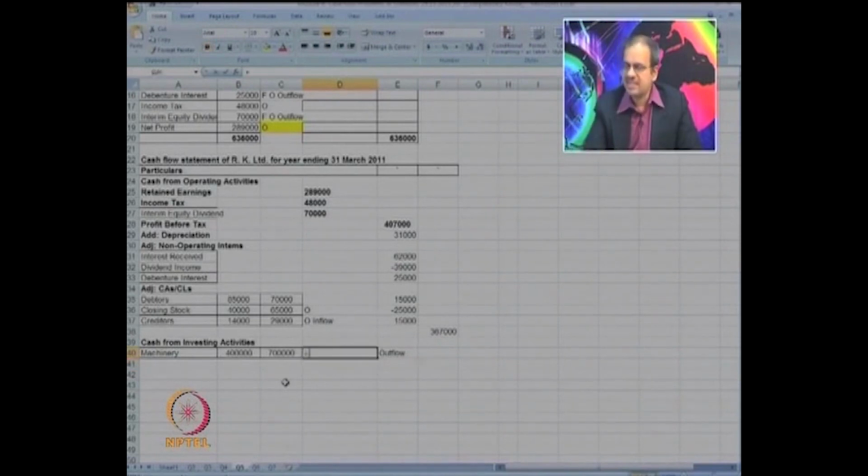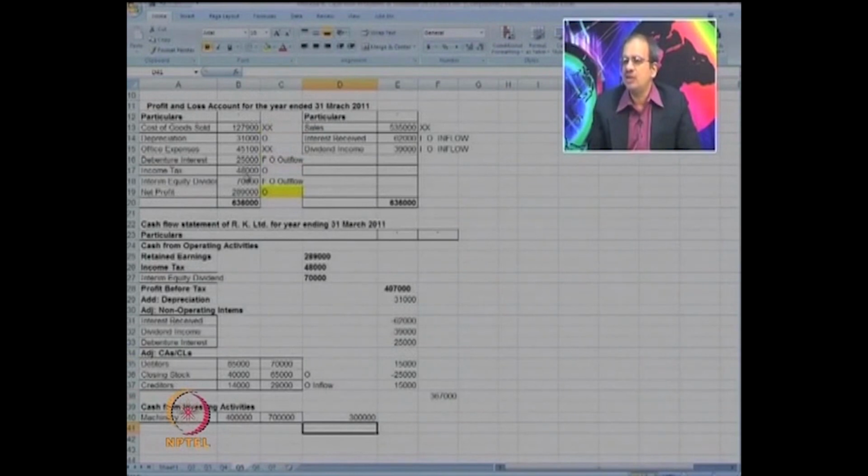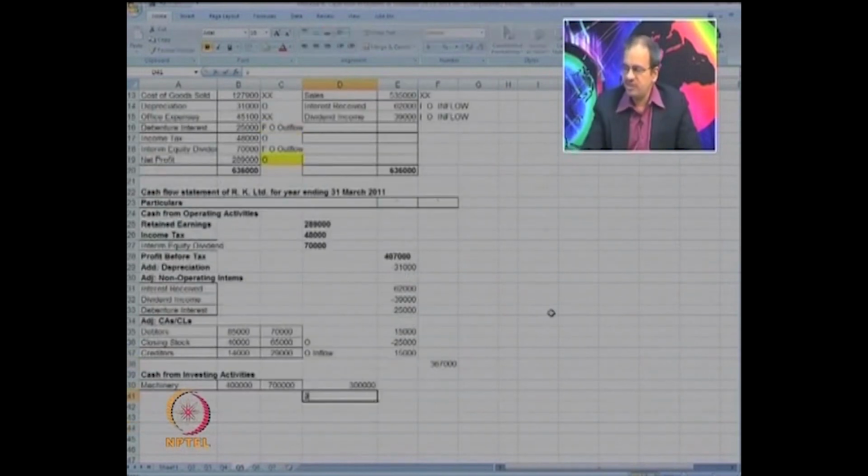But it is not necessary that this 3 lakh is all your outflow, because we also have to make some adjustment for depreciation. The balance has increased by 3 lakhs, but there is also depreciation of 31,000 which we will have to add here.